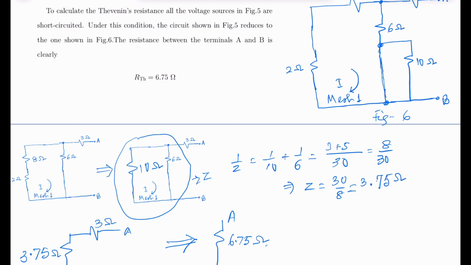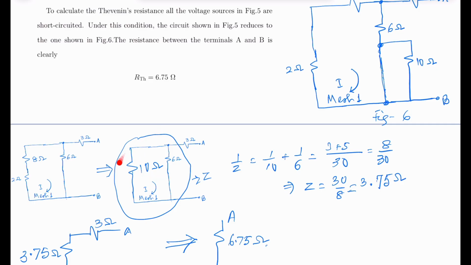So whether this is placed here or we remove it here, it makes no difference. So the simplified form of this figure is here. We have 8 ohm and 2 ohm in series and 6 ohm in parallel with this one, we have 3 ohm in series. So 8 ohm plus 2 ohm in series is equal to 10 ohm here, in parallel with the 6 ohm resistor.